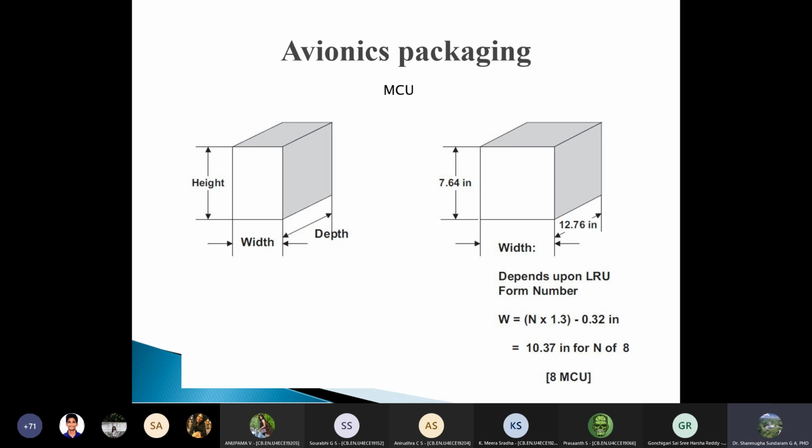Okay, so one MCU is in effect given in terms of its dimensions in inches on the right hand side, and you may have multiple such units such as 8 MCUs constituting what is called one ATR, and the ATR is given as 8 times the height, width, and depth attributes.